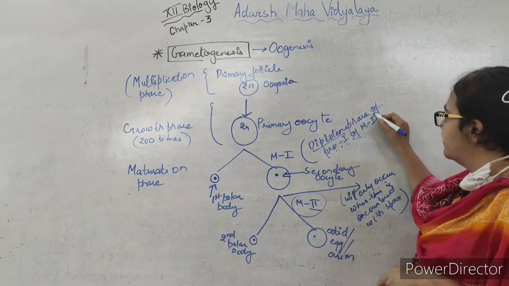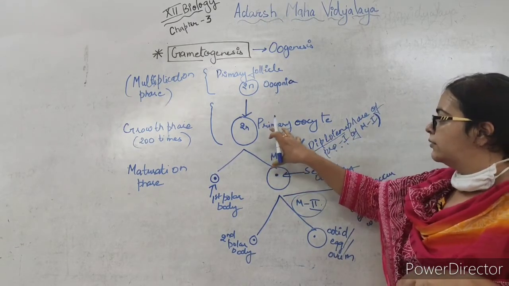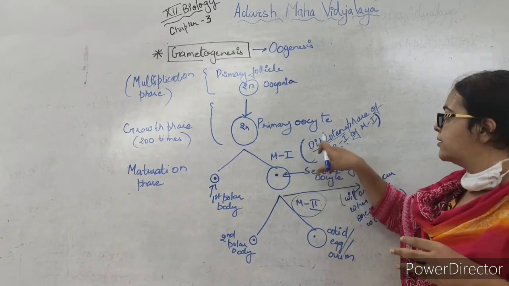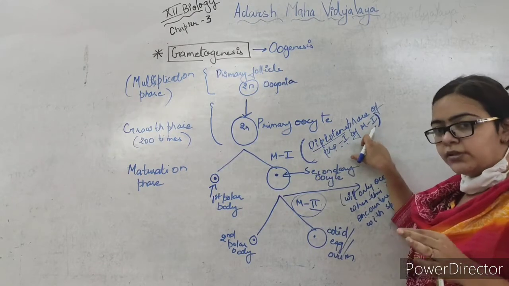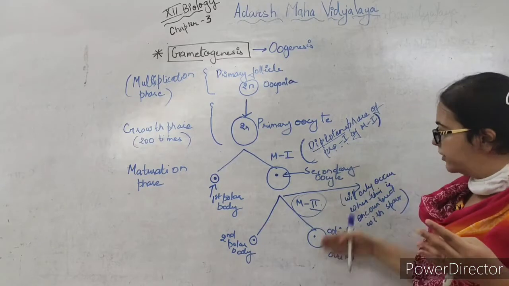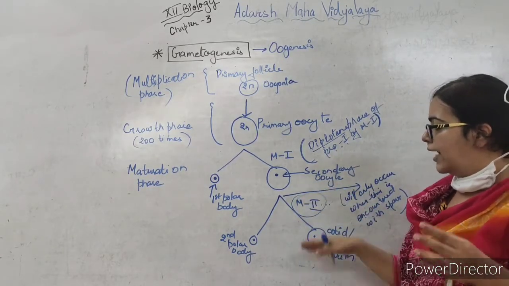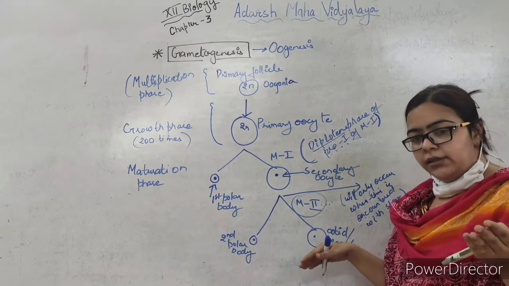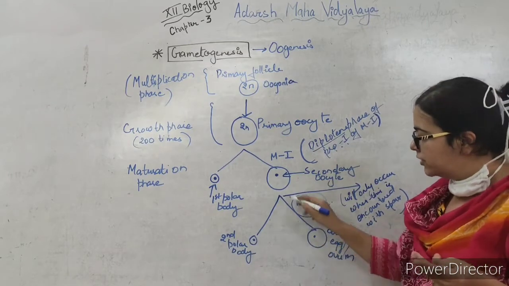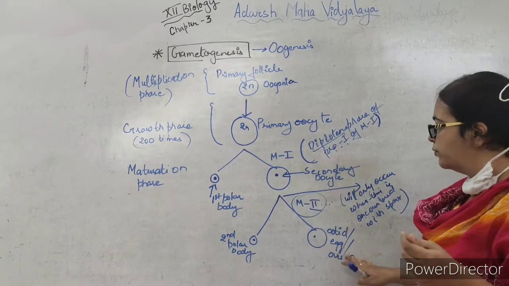So these two events you have to keep in mind: the growth at birth will be arrested in meiosis 1, that is the diplotene phase of prophase 1 of meiosis 1, till puberty. After puberty, the further events will occur, like the formation of the secondary oocyte, and when the sperm encounters this secondary oocyte, meiosis 2 will occur, with the formation of the second polar body and the ootid.